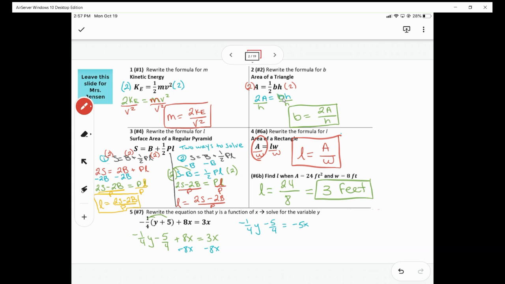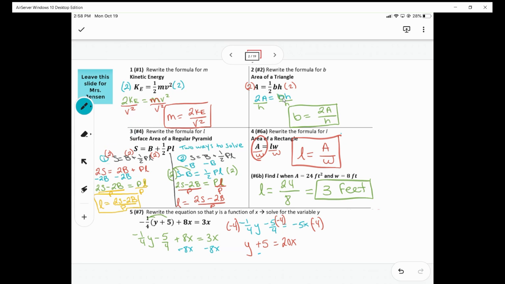So I'm going to multiply every term by negative 4 to eliminate both that negative in front of the y and the fraction. Make sure you multiply every term by negative 4. Negative 4 times negative 1/4 is positive 1, so that just is y. Negative 5/4 times negative 4 is positive 5. And negative 5x times negative 4 is positive 20x.